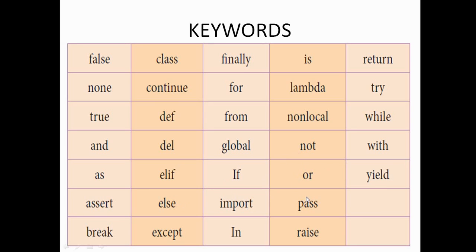Else, some other statements. In that case, you will be using if else. So these words are already predefined. Like this, you have so many keywords which have specific meaning. So these keywords cannot be used as identifiers or variables.